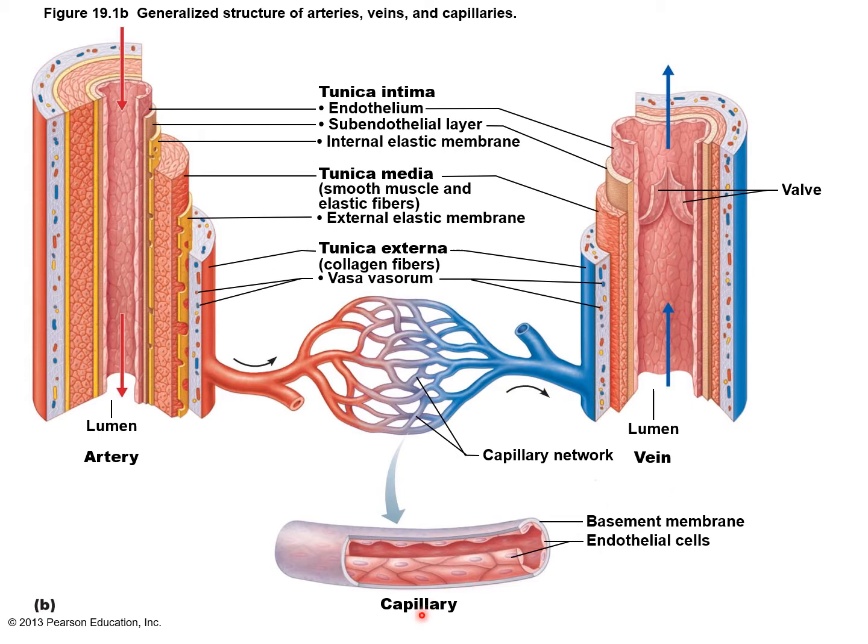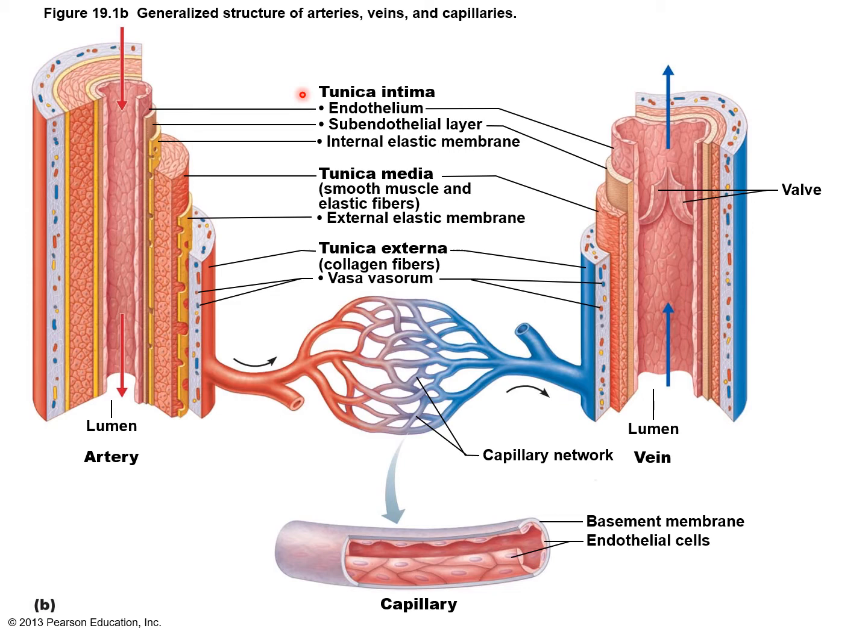There are common things between those three vessels, and there are some major differences. Now, vessels are known to have three different layers, and we refer to those layers as tunica. Tunica actually means a cover.